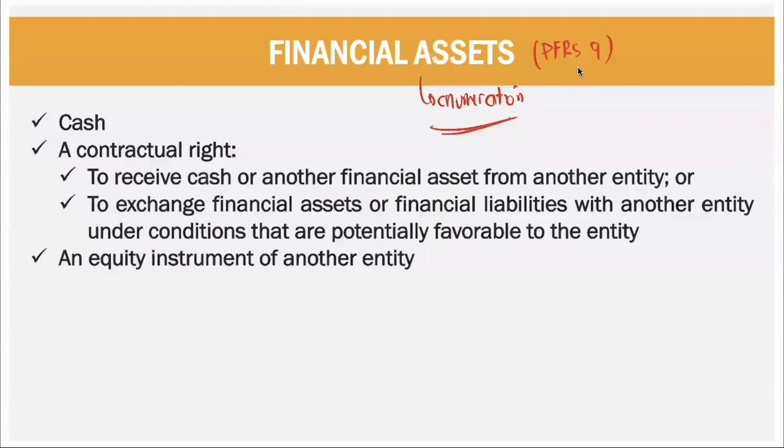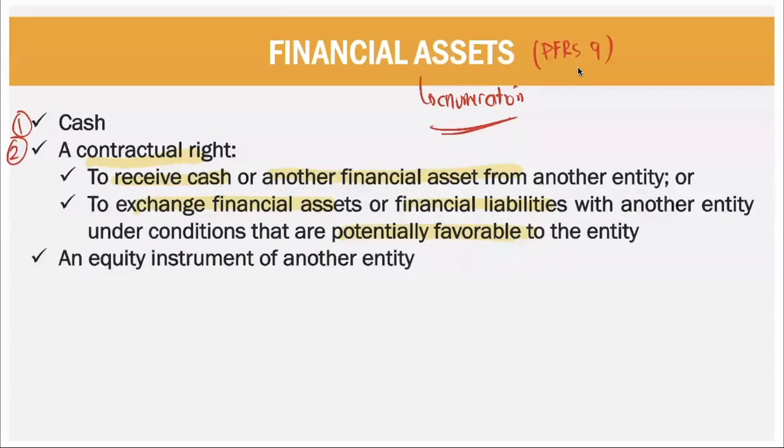So in our standard, it provides for this enumeration of financial assets. It is considered a financial asset if it is cash. Another, it is considered a financial asset if you have a contractual right to receive cash or another financial asset from another entity, or to exchange financial assets or financial liabilities that are potentially favorable.